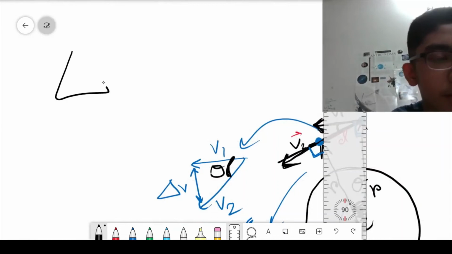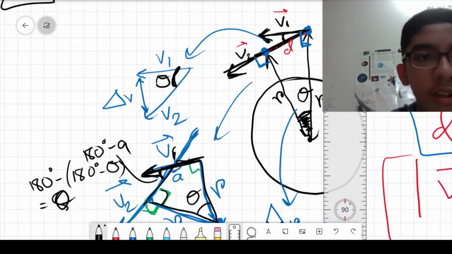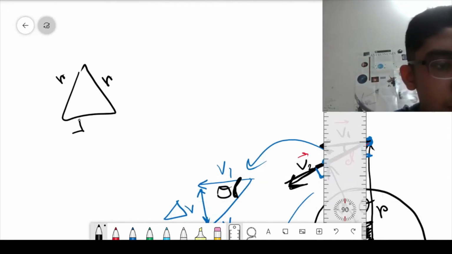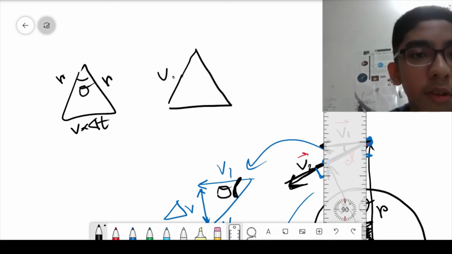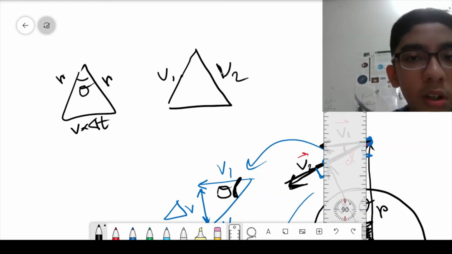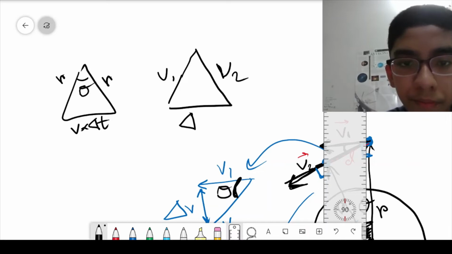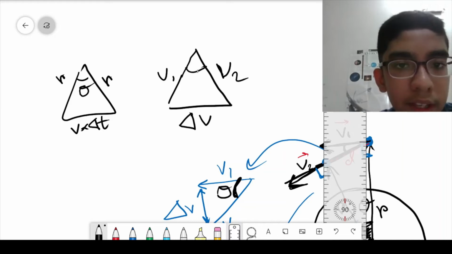So let's just draw this one, which will be r, and this one will be v times delta t, over here, and this is theta. And for our other triangle, this will be v1, this will be v2, and this will be delta v, and this is also theta.